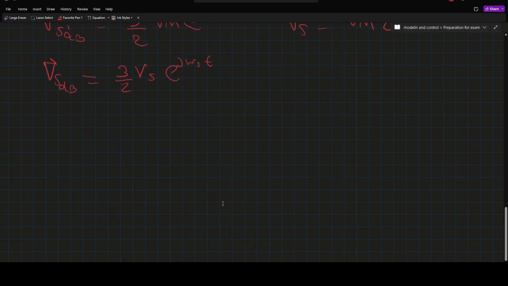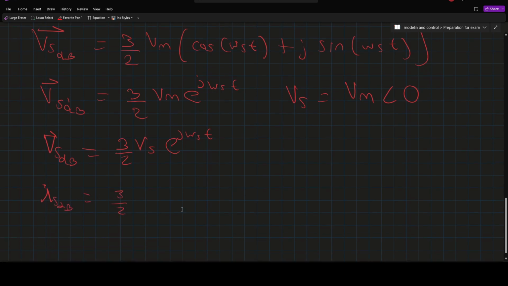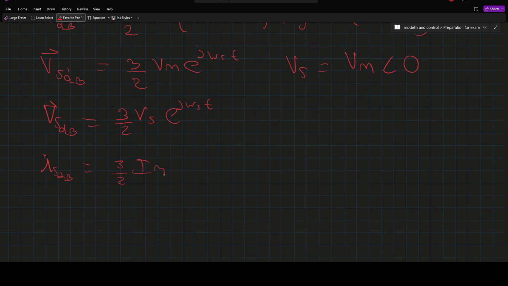Okay, now we are gonna do the same for our current. So we have is alpha beta equal to 3 halves Im cos of omega st, but we have to subtract an angle here.